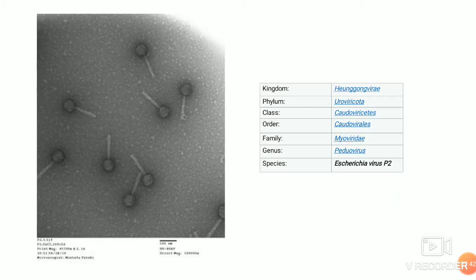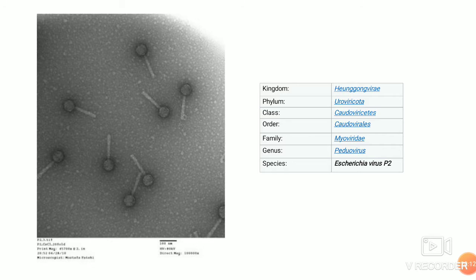Coming to P2 phage, P2 phage is also very similar to P22 phage. P2 phage was first isolated by G. Bertani, and since that time a large number of P2-like phages, subtypes like 186, HP1, HK239, etc., have been isolated and studied.